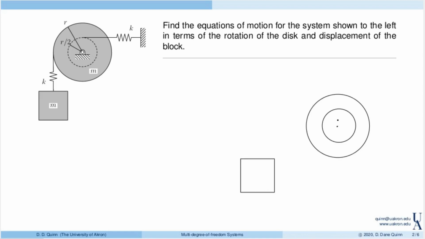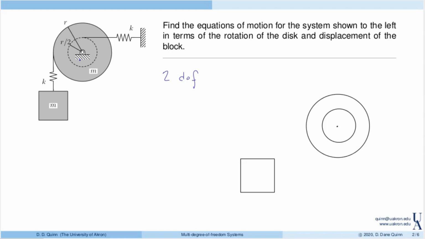So now, these two objects, if I look at the system, it's a 2 degree of freedom system. So there are 2 independent coordinates that are required to define the configuration. The best way to see that is to take one of these objects, say maybe the disk, and define a coordinate that determines its configuration, like the rotation of the disk.